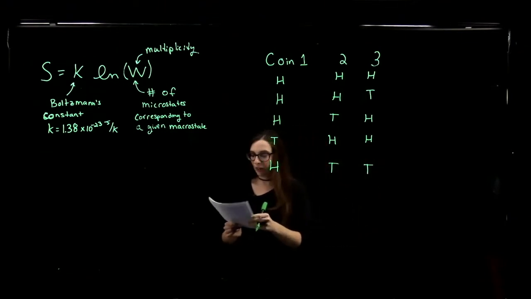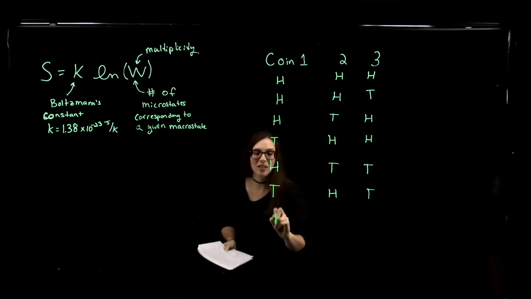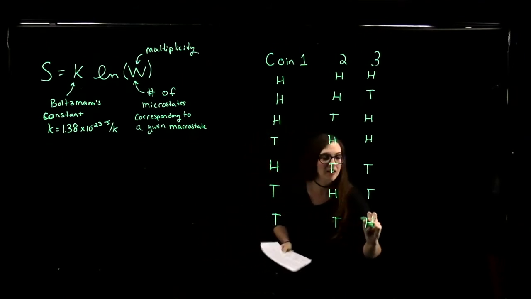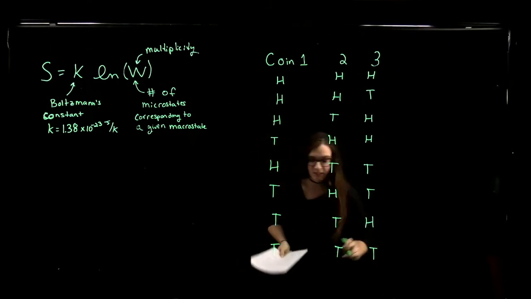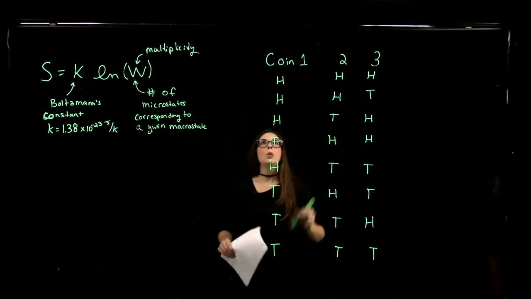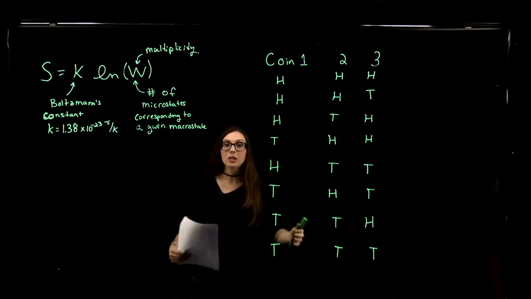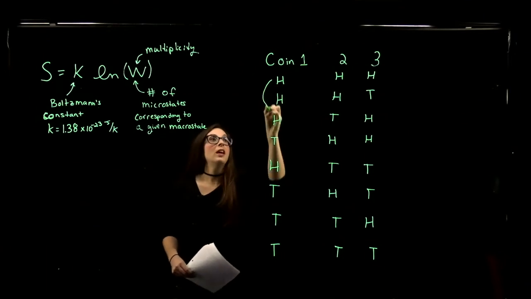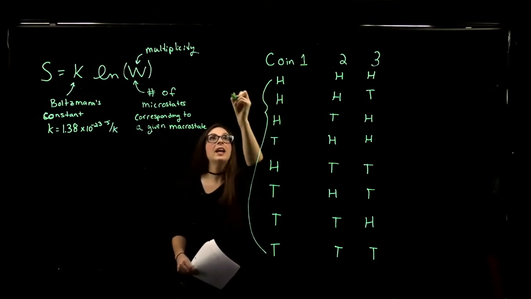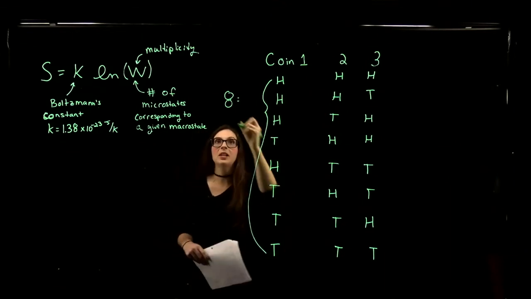You could have a tail, then a head, and then a tail. We could have a tail, tail, head, and finally you could have all 3 of them be tails at exactly the same time. So we have 1, 2, 3, 4, 5, 6, 7, 8 possible combinations for whenever we flip these coins, are they heads or tails? So this number 8 is equal to the total number of microstates.